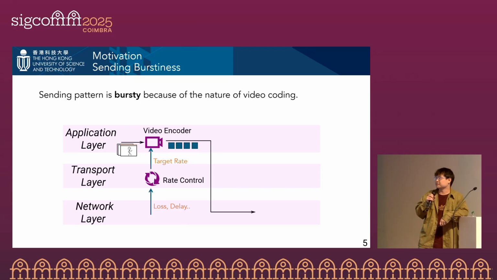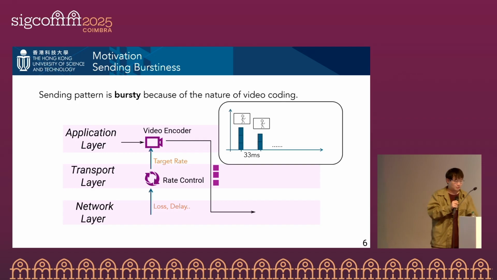But what's tricky here is that the data produced by the video encoder comes in bursts. That is actually quite natural, because in the context of RTC, unlike video streaming, the video encoder can only capture the video frame by frame, so we get the output data frame by frame.